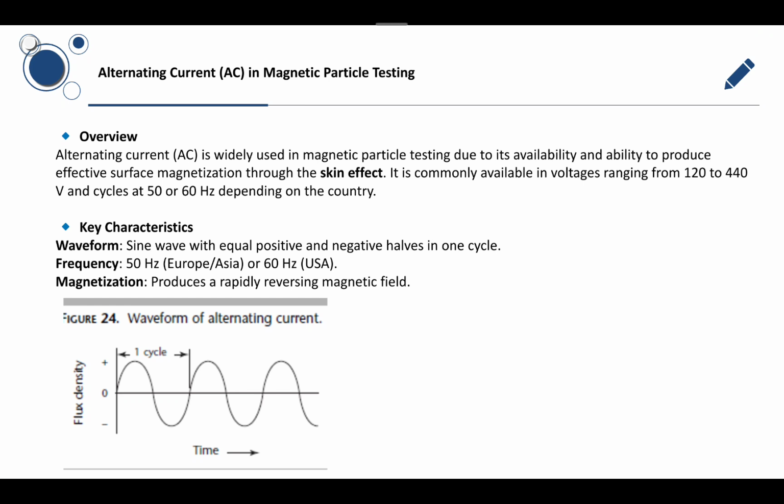First, we will discuss the alternating current in magnetic particle testing. AC is a very common choice in MPT because it's readily available, easily obtained or accessed, and it creates an effective surface magnetization due to something called the skin effect.